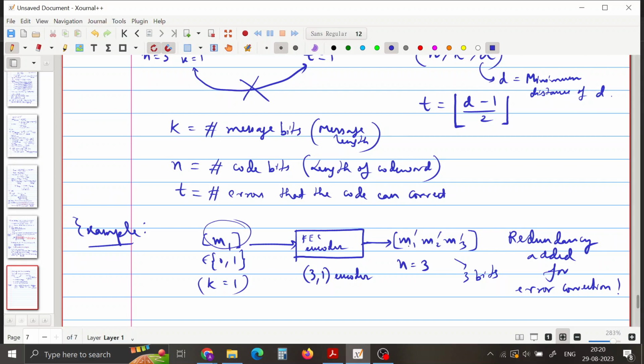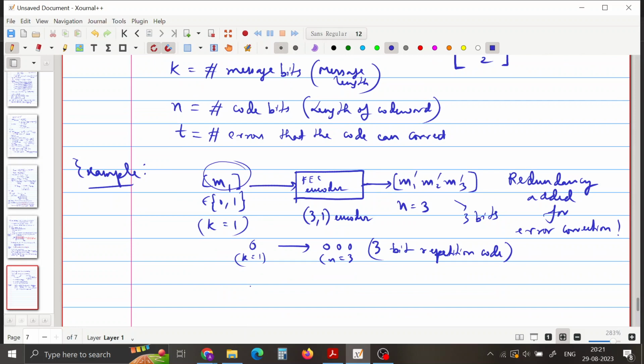So let's say from 0 you encode it to 000. So this is k equals 1, this is n equals 3. This is called the 3-bit repetition code. Because bits are repeated, if you have 1, then 1 goes to 111.